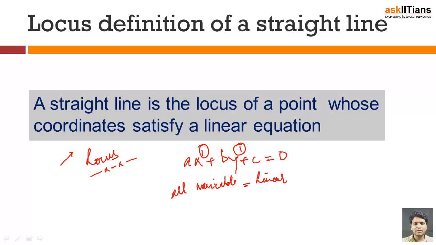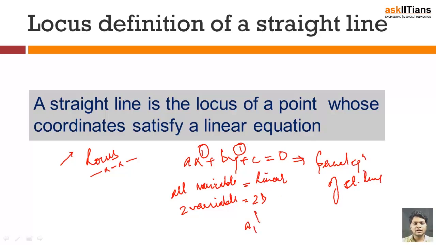And because it consists of two variables, and two variables are generally used in two-dimensional geometry, hence with this definition this is going to be the general equation of a straight line, where a, b, c are going to be the constants which can take any value, and x and y are the variables.